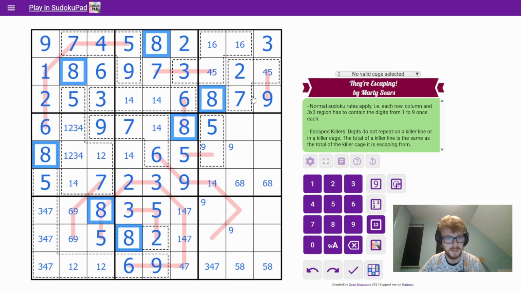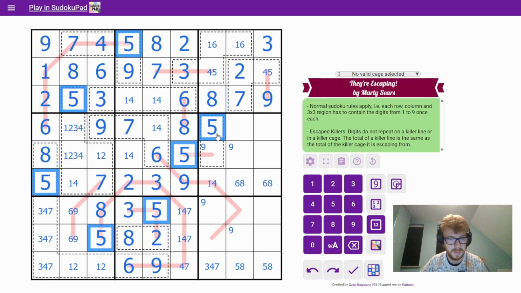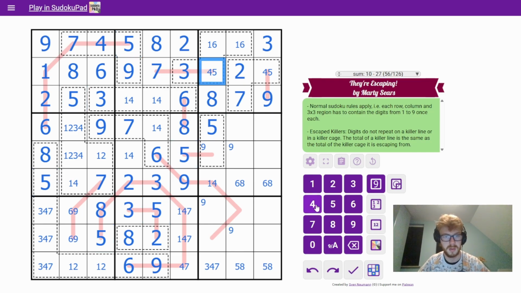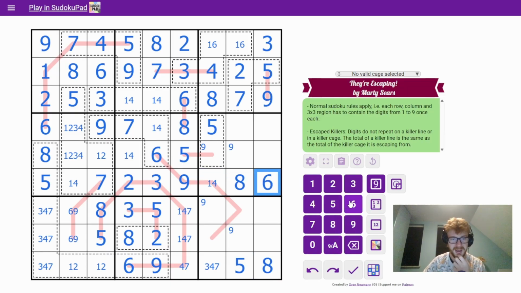Is it something else? 5, I have all 5s. Oh, wow. 4, 5, 5, and 8. That was very obvious. I'm sorry. Okay. I don't like that, but that's what it is. So simple.